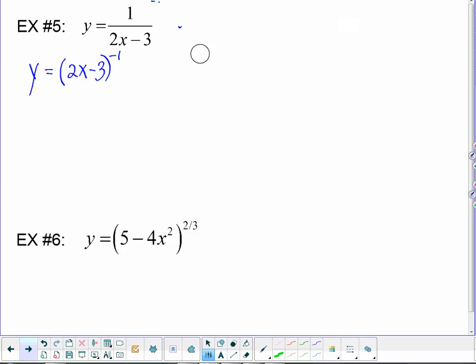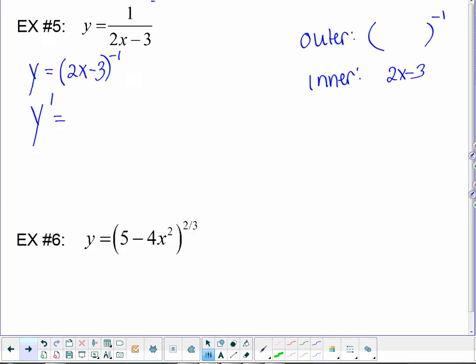We can use the power rule, or not the power rule, but the chain rule. Do you see the outer function? Outer function is the -1 power, something to a -1. The inner function is the 2x minus 3. So derivative of the outer function will be -1, and then it'll go -1 minus 1, shifting it to a -2, right?